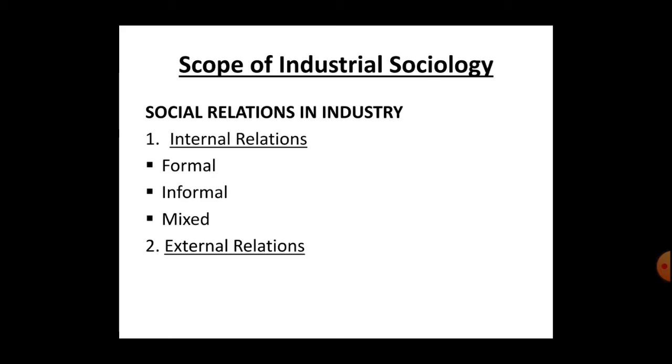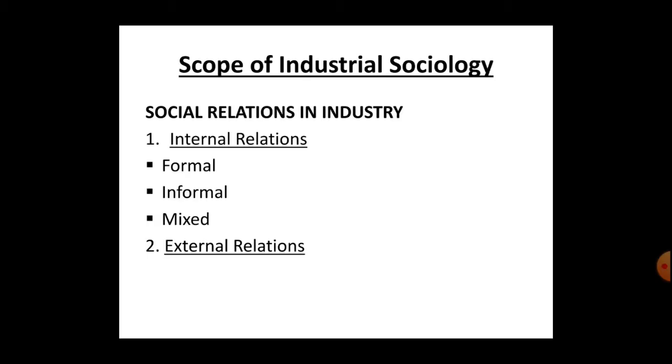According to Miller and Form, the subject matter of industrial sociology includes work groups and interpersonal relationships in them, the role of work groups, and the study of machines and instruments in social organization.